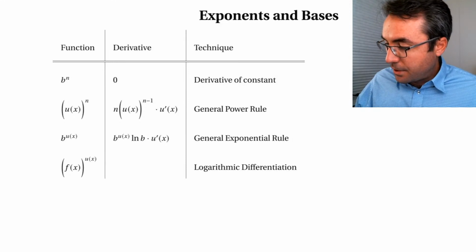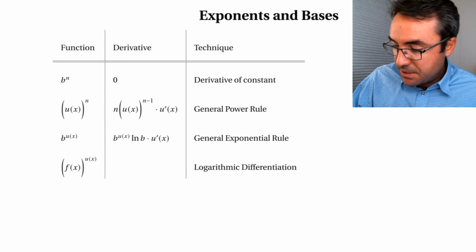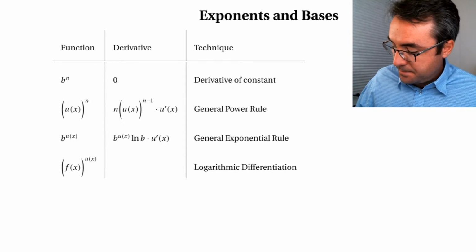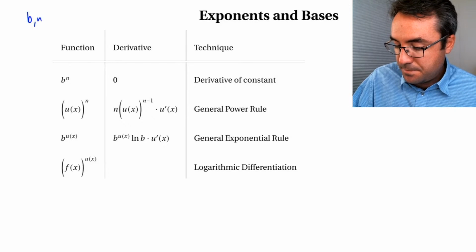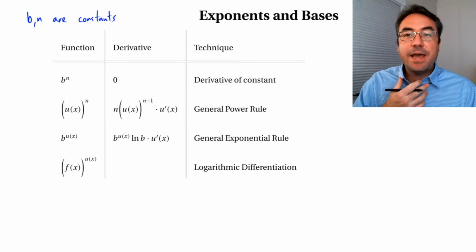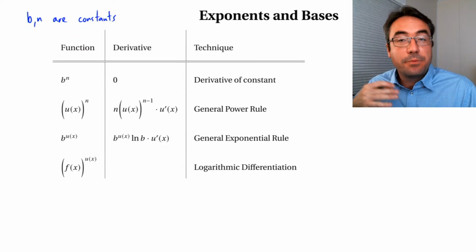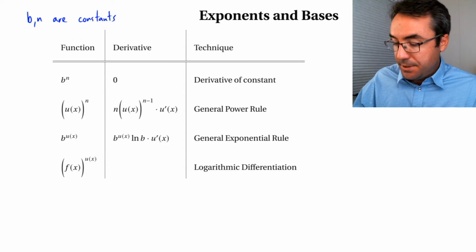So let's look at all four cases here. In the first case, let b and n be constants for the purposes of this chart. Let's say that we saw in our function b raised to the power n, where both b and n are constant terms.